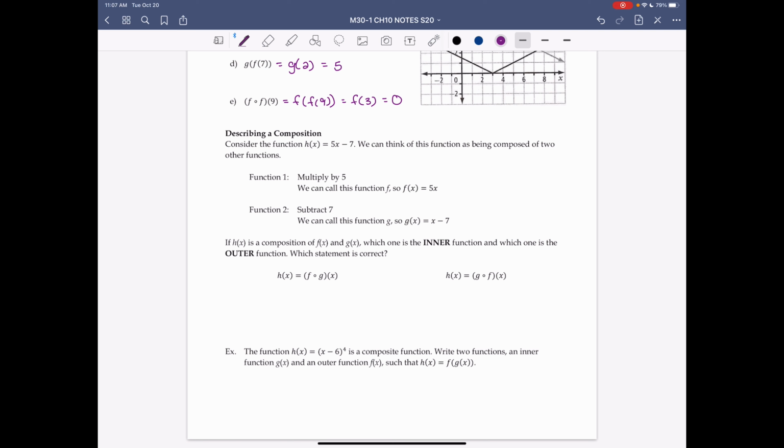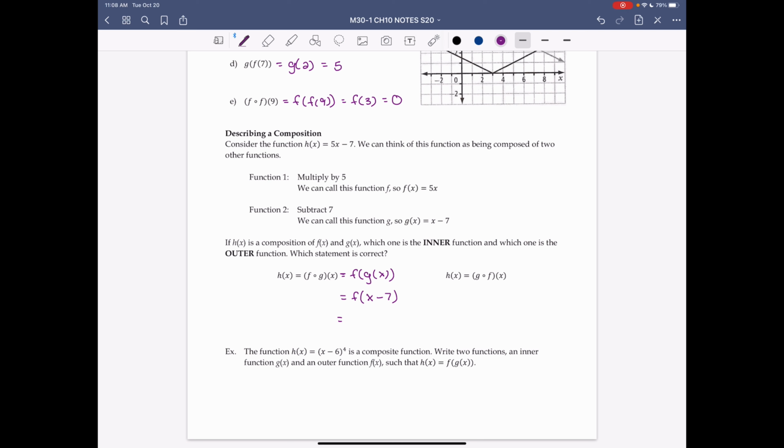If h of x is a composition of f of x and g of x, which one is the inner function and which one is the outer function? Which statement is correct? Let's take a look at them. We have h of x equals f of g of x, which we can write as f bracket g of x. Then we substitute the formula for g of x into the brackets. g of x is x minus 7.